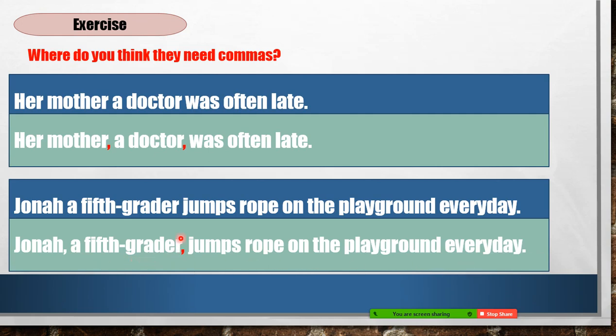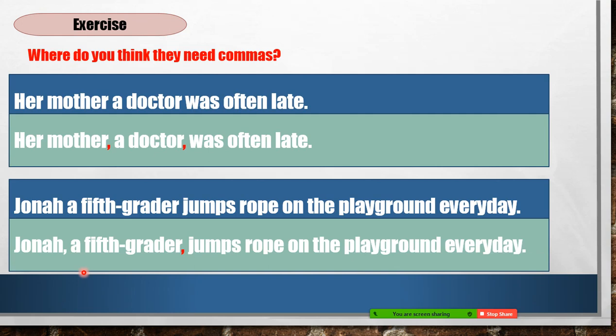You think that if I told you that he is in grade 5, is it essential information for you to know? No. So that's why we put it between two commas. It's non-essential. It's extra information.